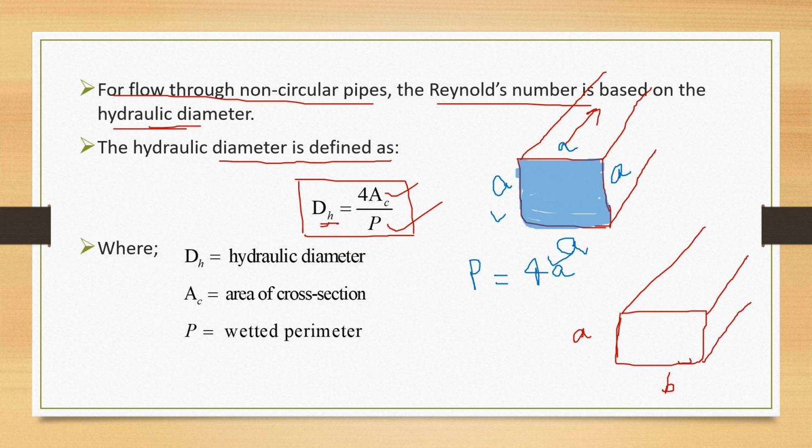This is like a rectangular duct. Suppose this is only partially filled. It is not fully filled, only partially. Suppose it is filled up to here.